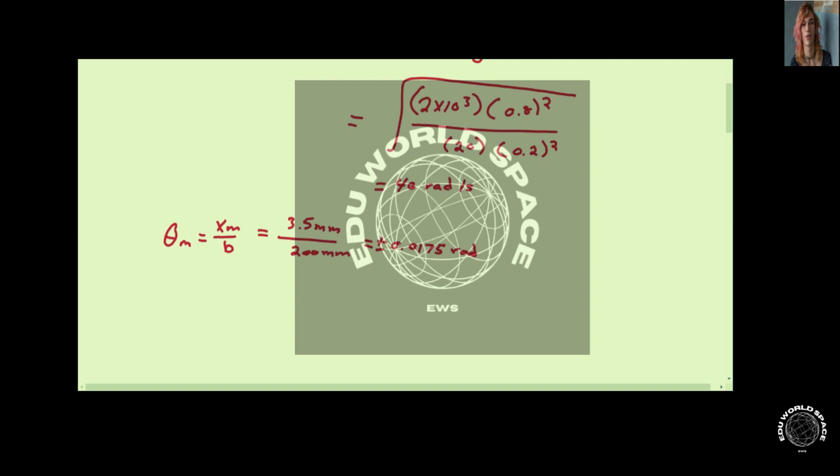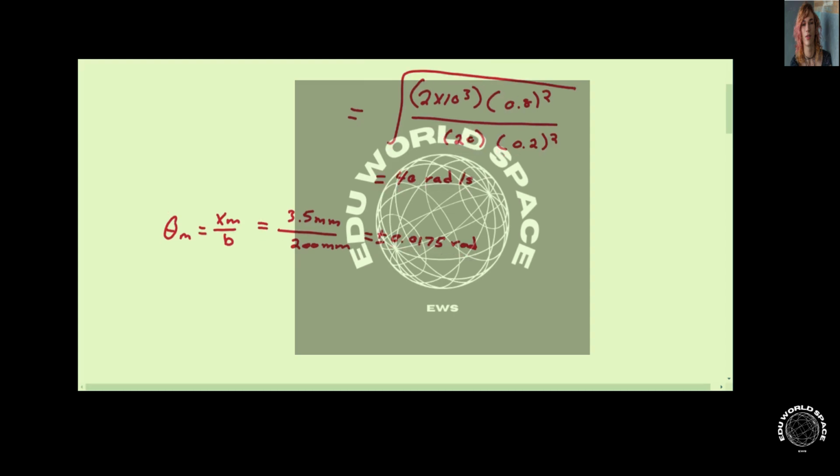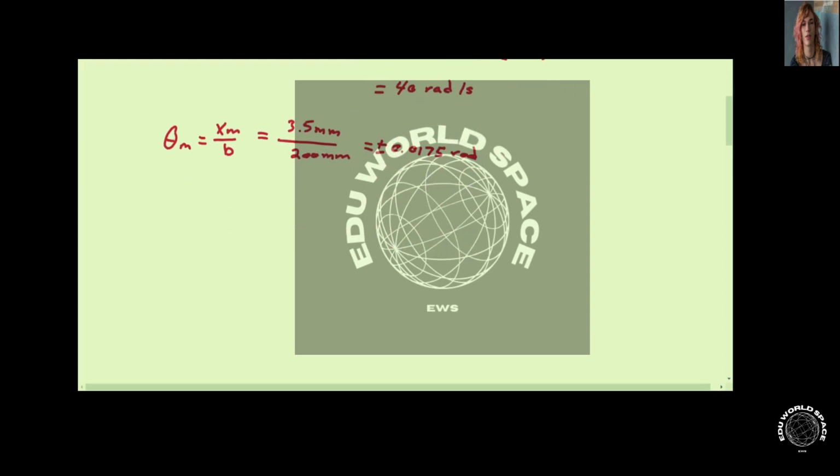Okay, so now what we can do is take the vibration and express it as Pm L over m b squared, over omega n squared minus omega F squared.